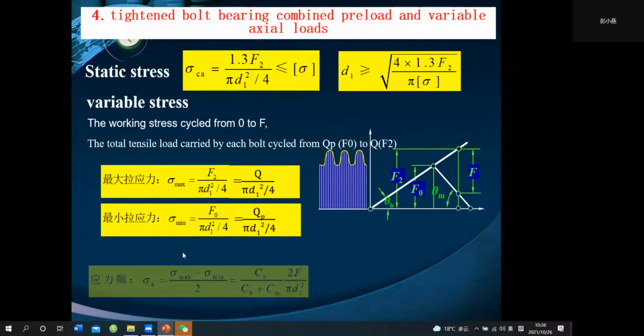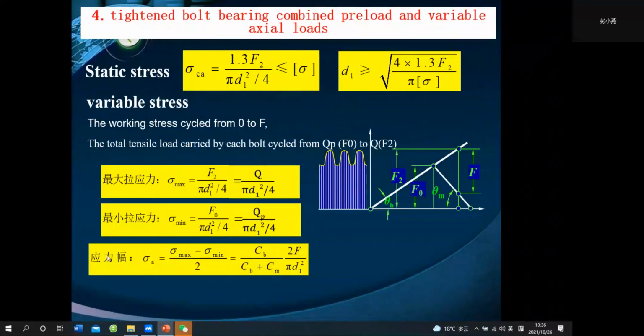And then we have the stress amplitude sigma A. Sigma A is half of the maximum stress minus the minimum stress. So we use this minus this, and we can obtain this.